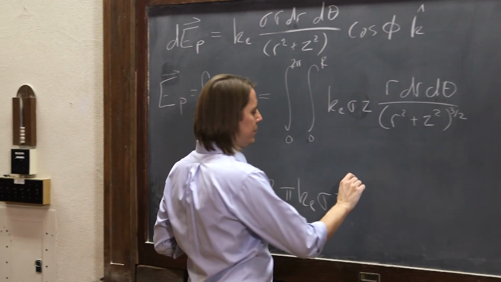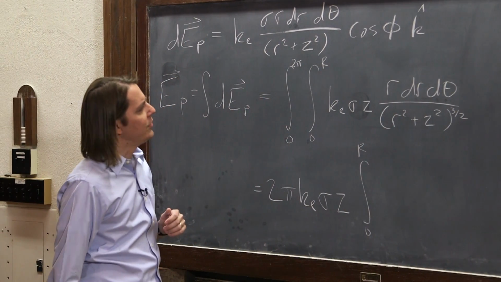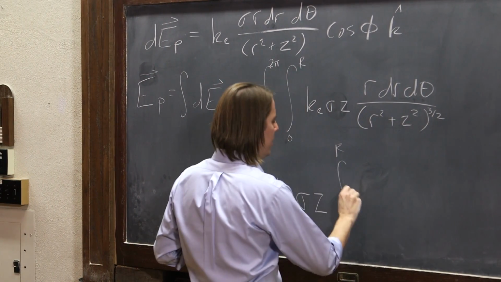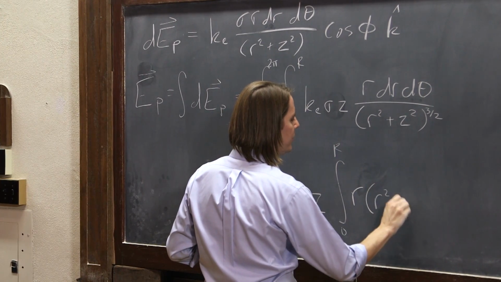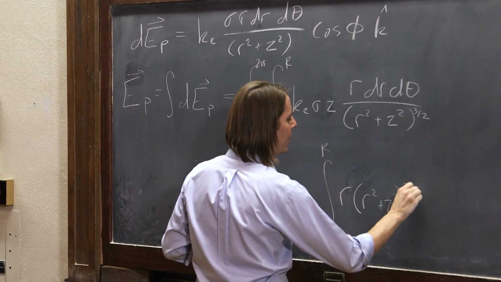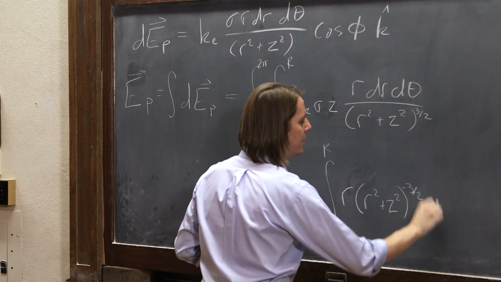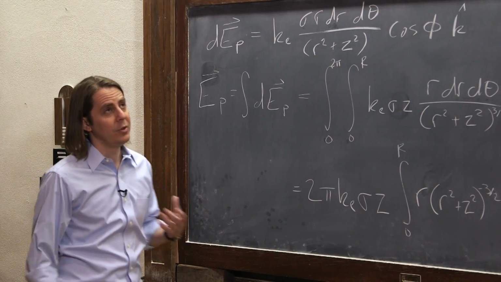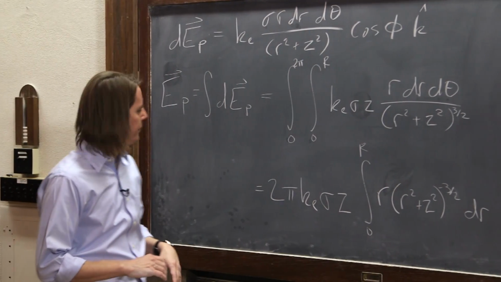And we're left with this integral from 0 to R of what? r, and I'm going to write it like this: r times r squared plus z squared to the minus 3/2, dr. Go ahead and just not write it as a quotient. Similar to how I did that integral when we had the point charge near the rod. And we'll just write it this way.